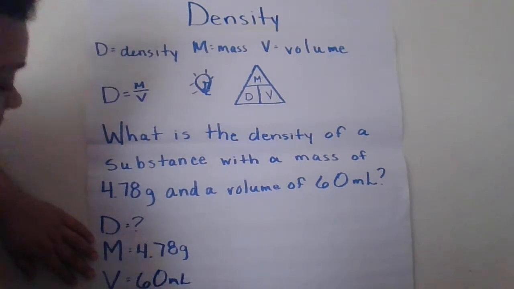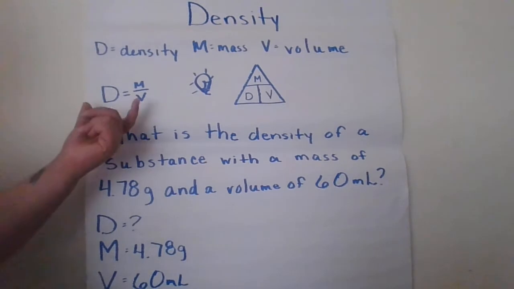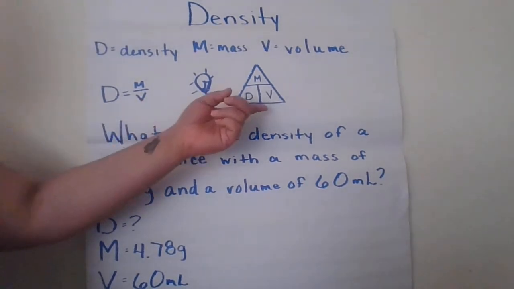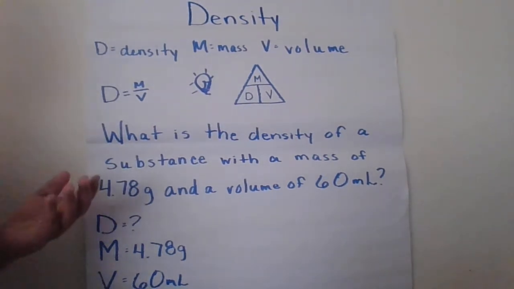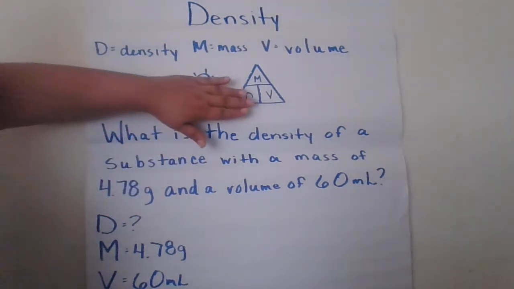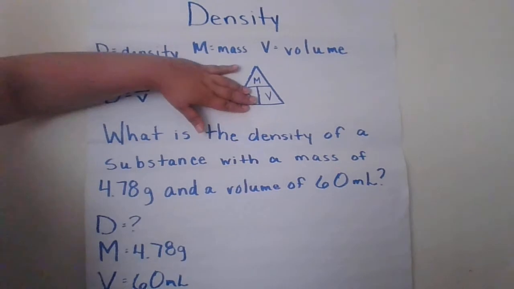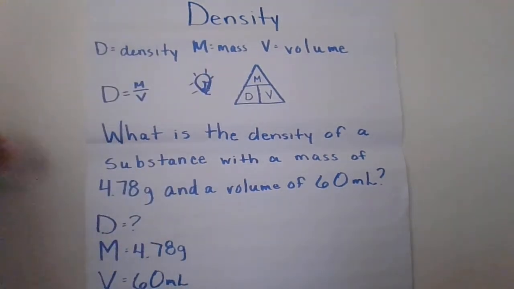All right. So now that we have our shopping list, we can go back to either our formula and find the derivatives or use our triangle. So in this case, I'll use the triangle since it's a little more visual for some of our visual learners. Cover up that D, and just like the formula tells us, we need to divide our mass by our volume.